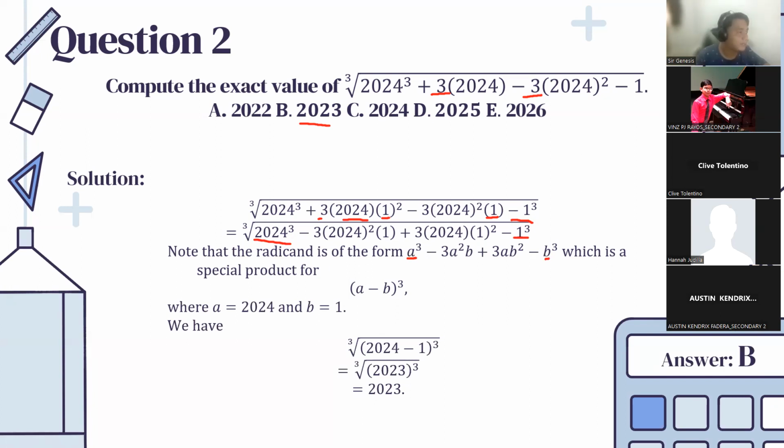Then you can have x cubed minus 3x squared plus 3x minus 1, which will then simplify into cube root of, it's just x minus 1 raised to 3. Now you can also have that one. But if it's not equal to 1, then you must try to express the two values into two variables.